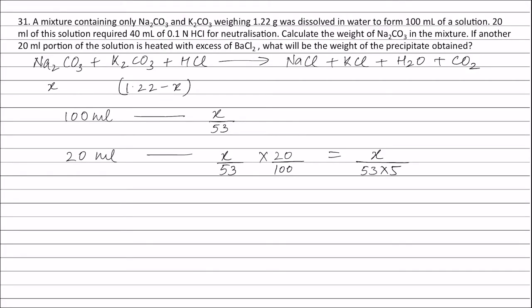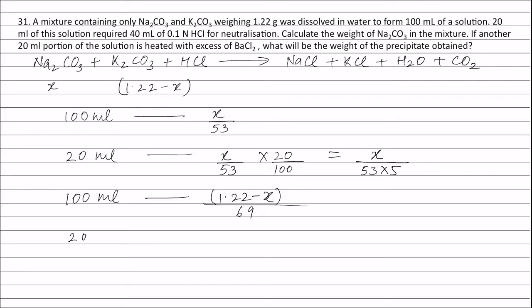Similarly, 100 milliliter of solution contains 1.22 minus x divided by 69 equivalents of potassium carbonate, where 1.22 minus x is the weight of potassium carbonate and 69 is the equivalent weight of potassium carbonate.